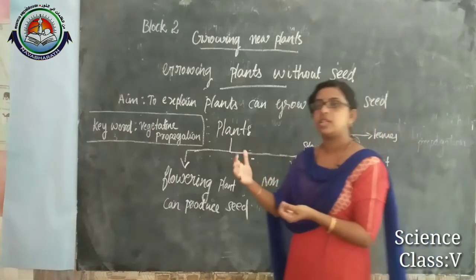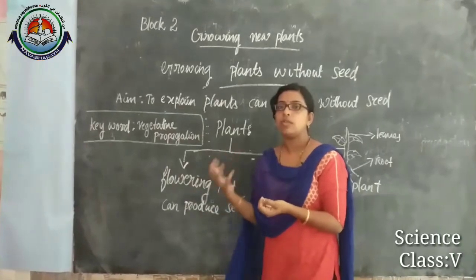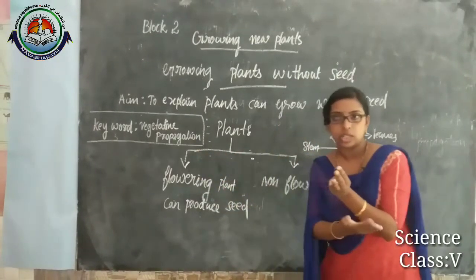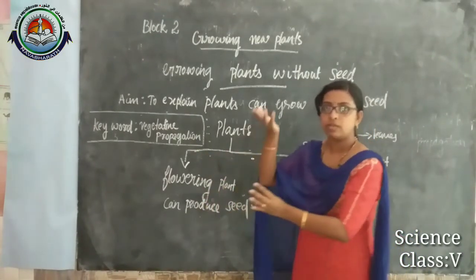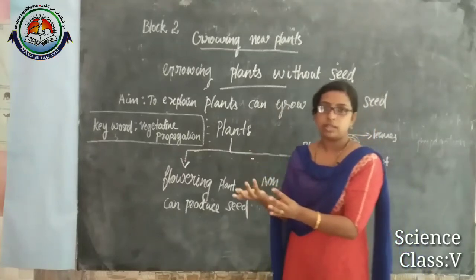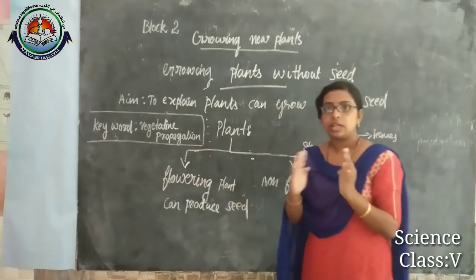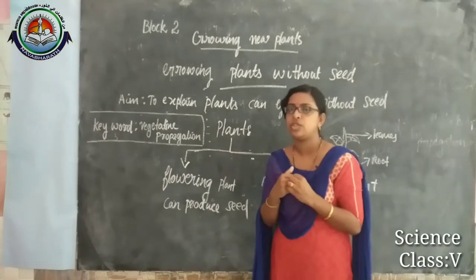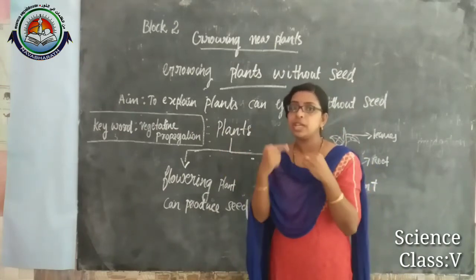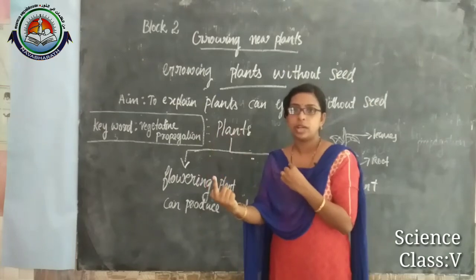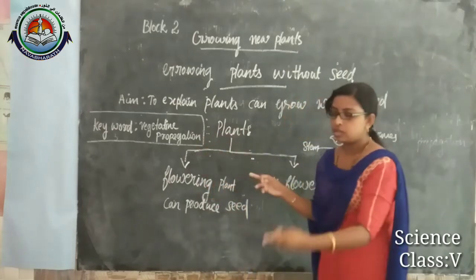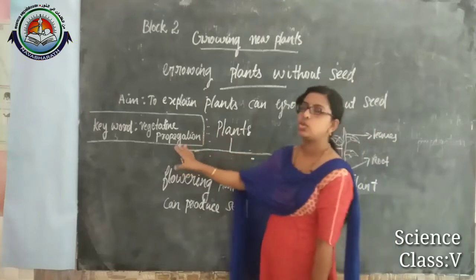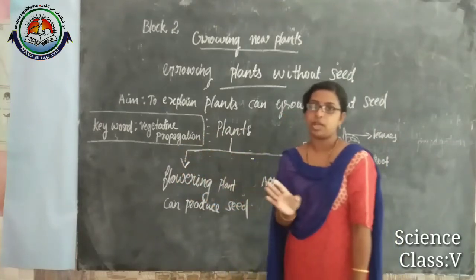But in the rose plant, we need to cut the stem, and from this stem there will be the growth of another plant. This cutting of stem is an artificial way, because human beings are involved. In the case of potato, it is a natural way of vegetative propagation.